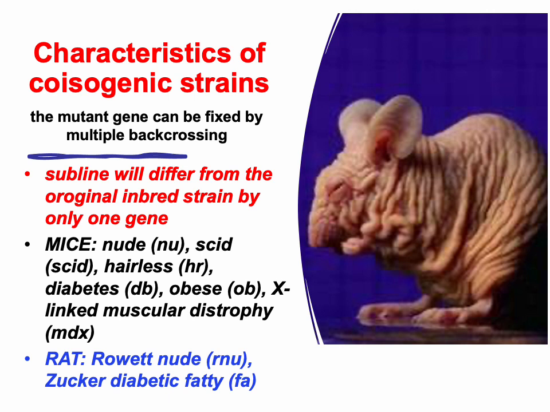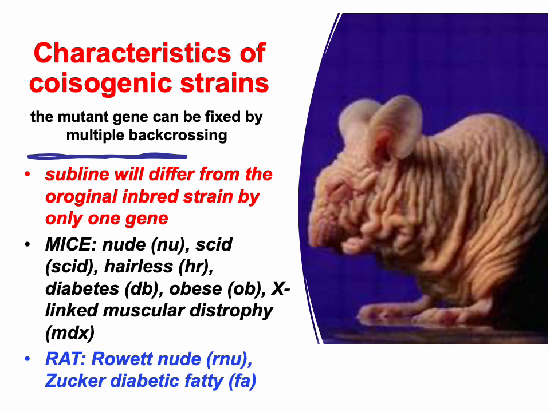Characteristics of co-isogenic strains: the mutant gene can be fixed by multiple backcrossing. The subline will differ from the original inbred strain by only one gene. In case of mice, important are the nude, the SCID, the severely combined immune deficiency, the hairless, the diabetes, the obese, and the X-linked muscular dystrophy gene and lines.